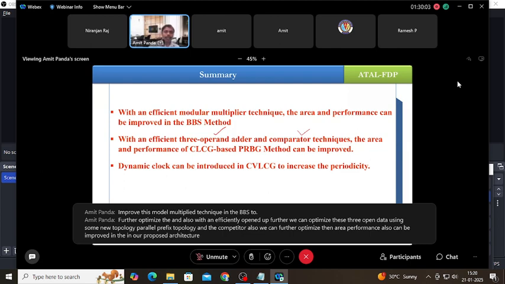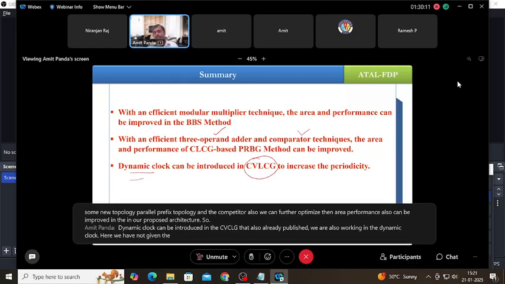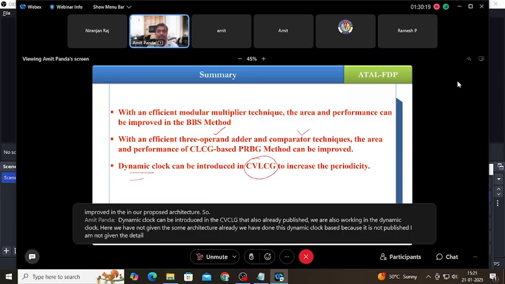A dynamic clock can be introduced in the CBLCG, which is already published. We are also working on the dynamic clock. Here we have not given the architecture. We have already done this dynamic clock based work, but because it is not published, I have not given the details of the mathematical part as well as the architecture.